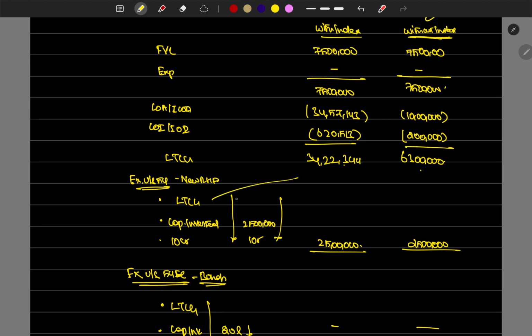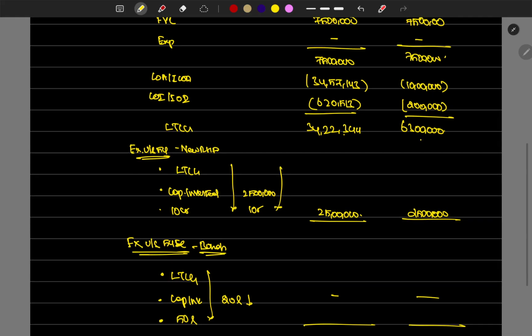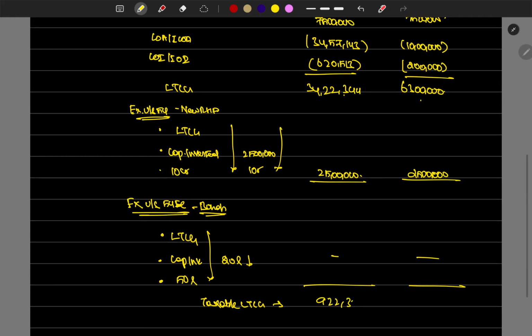So LTCG is this. When we remove the 25 lakhs, the taxable LTCG is 9,22,344. Then, without indexation, 63 minus 25 is 38 lakhs. This is the taxable LTCG.